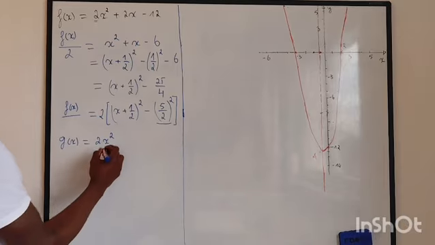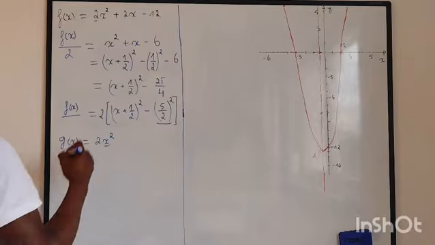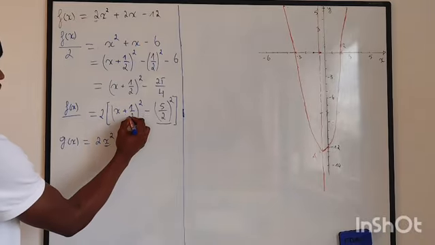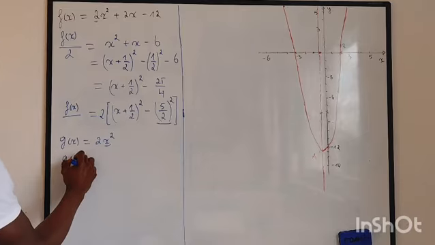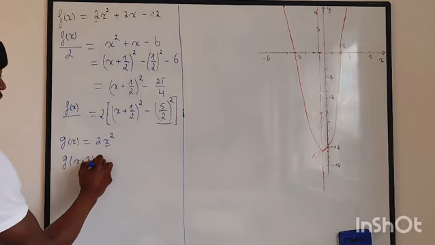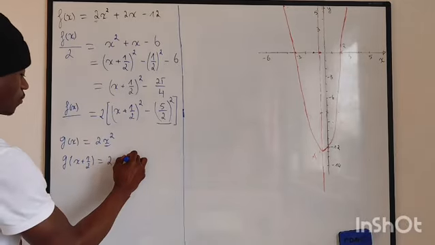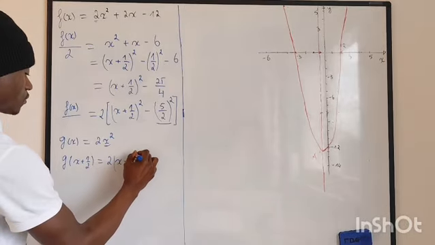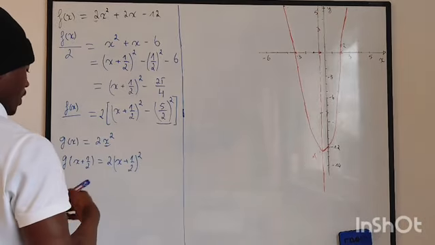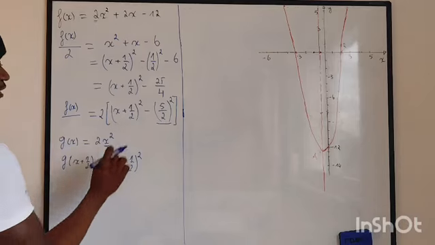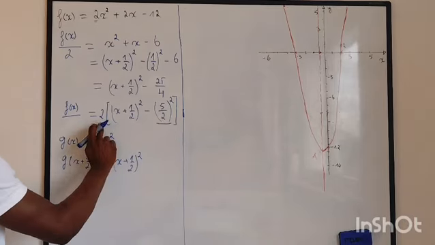And if I try to replace the argument of g by x plus 1 half, I get g of x plus 1 half is 2 times x plus 1 half squared. I just replace x by x plus 1 half. And then I add this other coefficient multiplied by 2 behind.